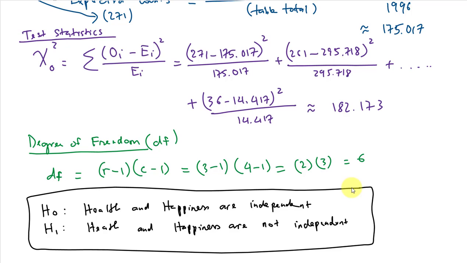There are a few ways that you can get to the conclusions. You can use the classical approach by using the critical value, or you can apply the p-value approach. Let's go with the classical approach first, the critical value method.